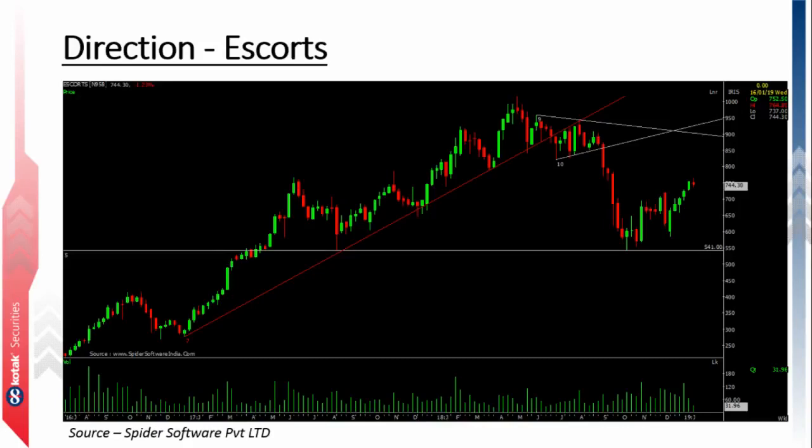So one more important concept of this trend line is that we have to follow the bigger time frame. If you are following a bigger time frame like weekly or daily charts, then based on that particular trend line support and resistance, we can draw our strategy.